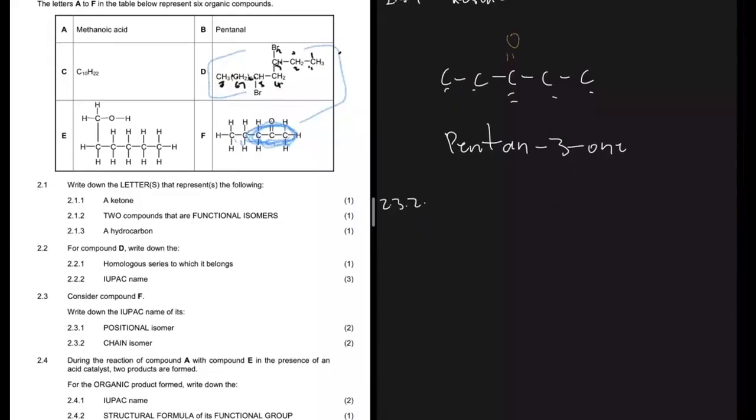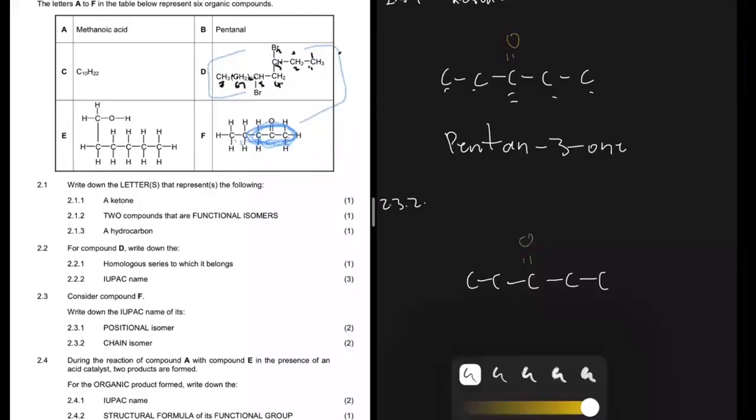2.3.2 says a chain isomer of compound F. So still same molecular formula, but different structural formula. So again, let's go back to the basics. We have 1, 2, 3, 4, 5. And then we know that the oxygen double bond should be sandwiched between 2 carbons.